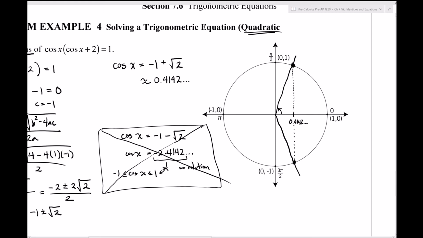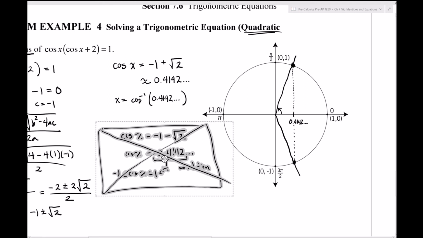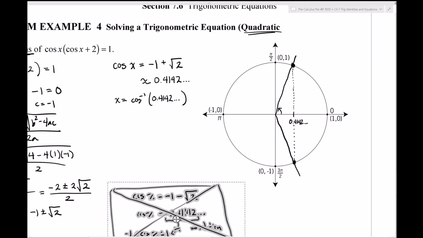inverse cosine, so x is going to equal the inverse cosine of 0.4142, keeps on going. I'm going to move this further down because I'm going to need some more space here. So we're going to plug that into a calculator.